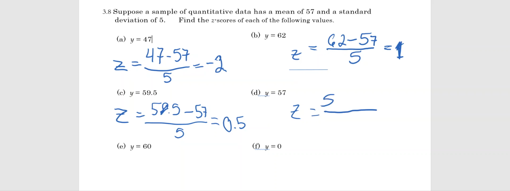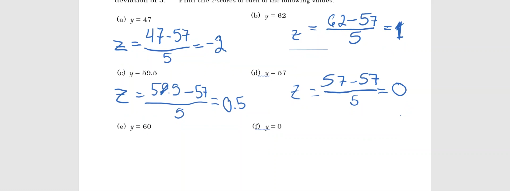Aha, I'm back. 57 minus 57, so my numerator is going to be 0. Divided by 5 is 0. So when you're specifically at the mean, you are no standard deviations away from the mean, which is why your z-score is 0. I want to try to fit these all on one page. So z is 60 minus 57, so that's going to be 3. Divided by 5, 3/5, that's 0.6.